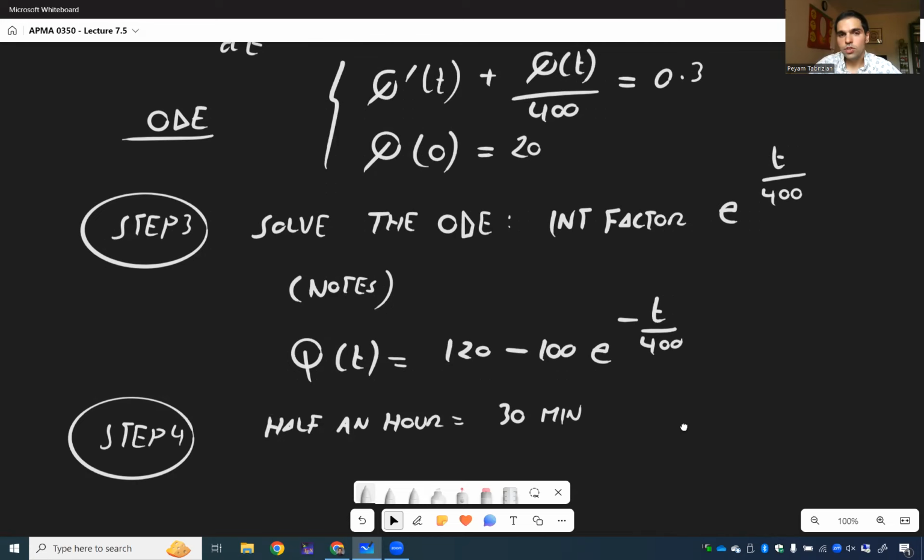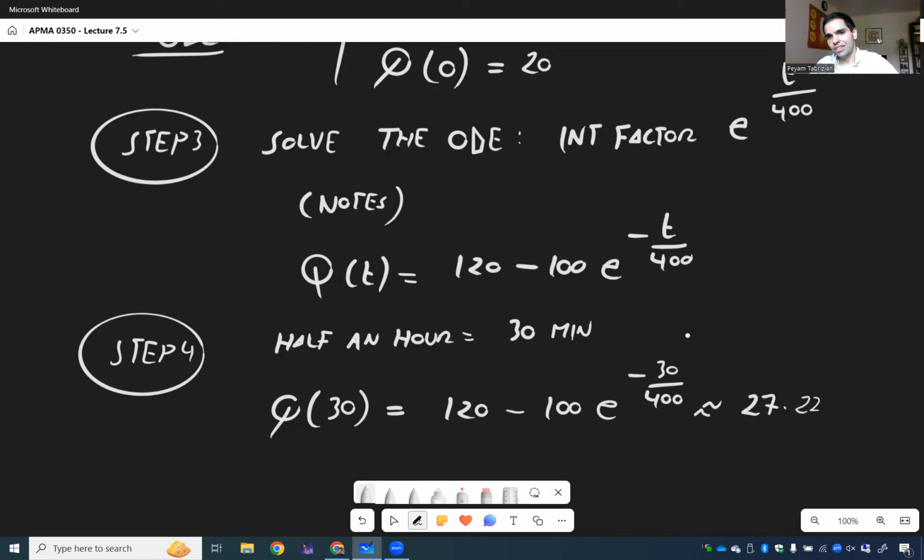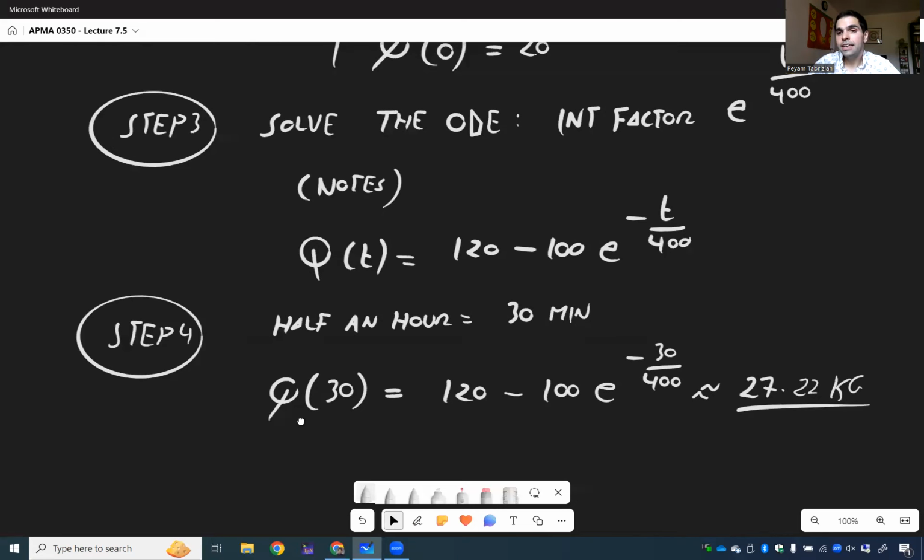So Q(30) becomes 120 minus 100 e to the minus 30 over 400. That's roughly 27.22 kilograms.